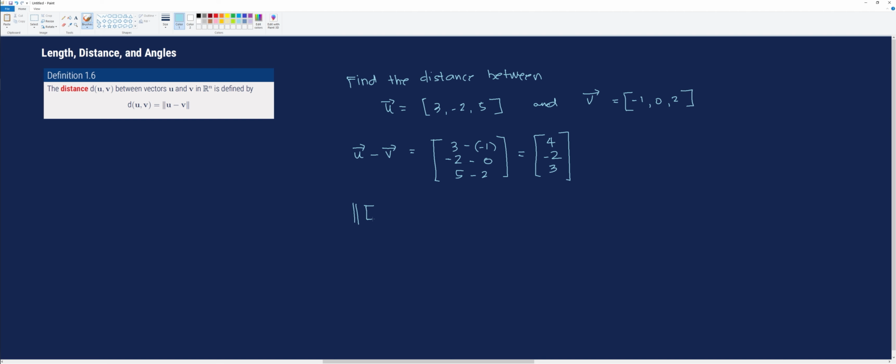Now, we get the norm of the new vector, which is equal to the square root of 4 squared plus negative 2 squared plus 3 squared. Performing the operation, we have 16 plus 4 plus 9. Adding all this, we have 29, square root of 29. And we cannot simplify this one, so we can leave it as is.